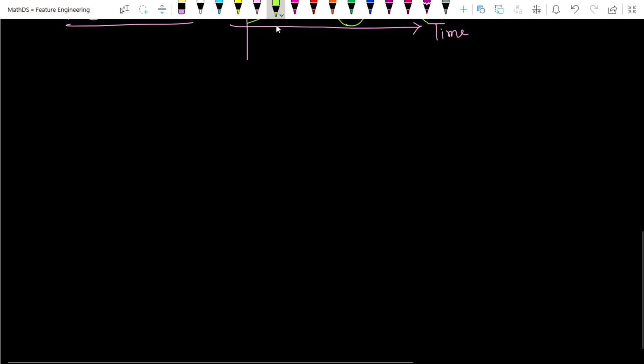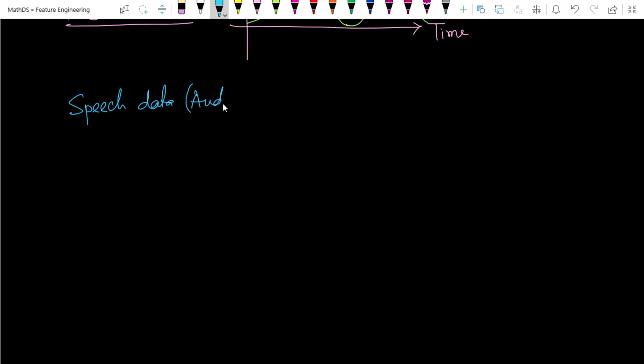Another most popular one is speech data. It's a very good example. You can think of it as audio format data. This data structure looks like this: time here, and frequency.